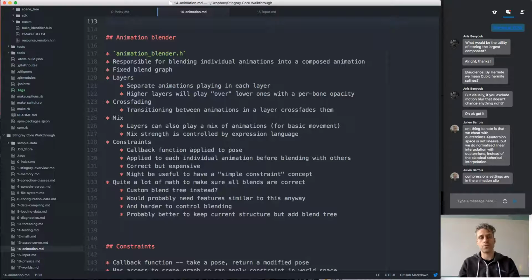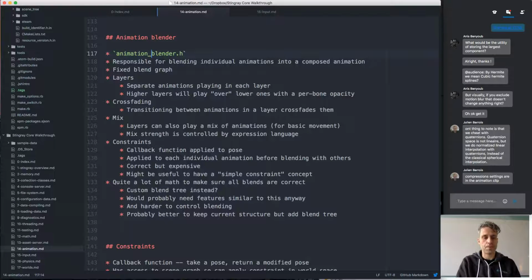And for running, you maybe have animations for running in different directions, and you want to blend them together in interesting ways in order to run in a specific direction. You also may want to add animations on top of other animations, like adding a recoil animation on top of an aim, as I talked about, or adding a hurt animation on top of the running animation, where the character is a bit hurt when it's running, and so on.